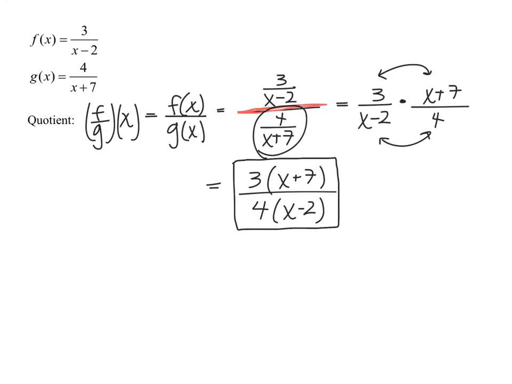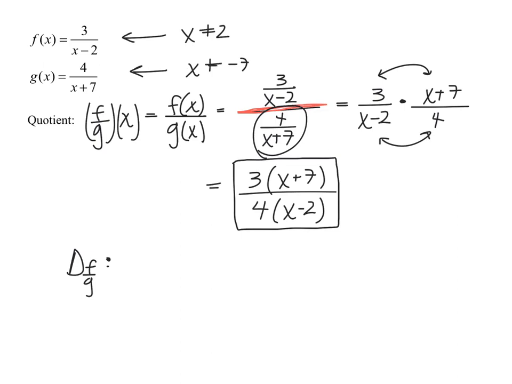Now let's finish up with the domain of this quotient. So the domain of f divided by g. And again, it's the intersection, the overlap of the two individual domains. And we know for function f up here that x was not allowed to equal 2. I also know for function g that x was not allowed to equal negative 7.